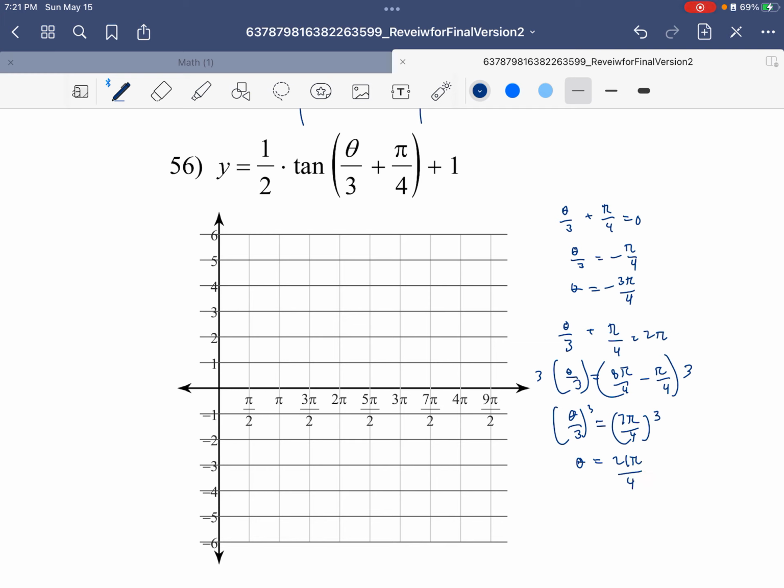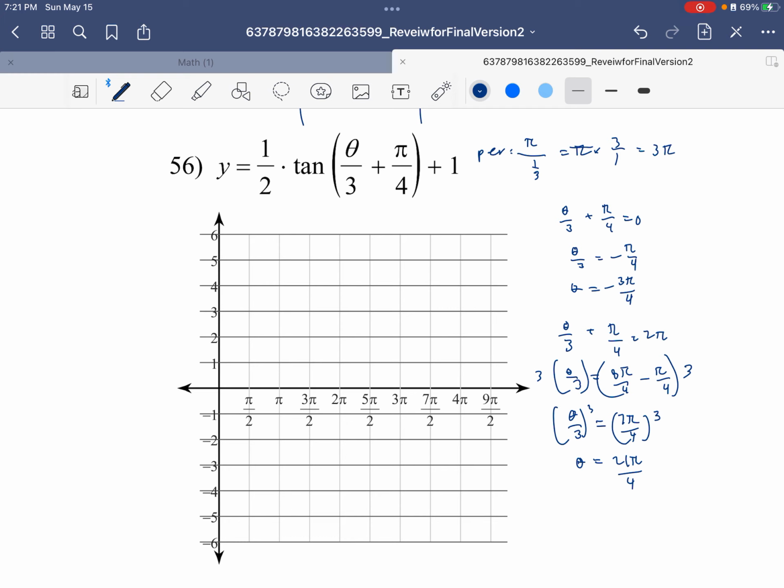So this is what you have, and so let's find our period also. Cool, so our period is 3 pi.